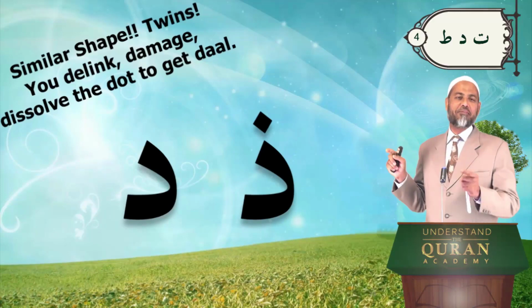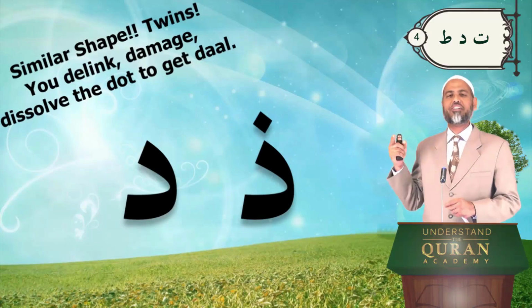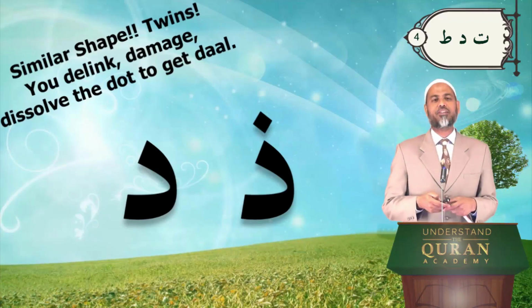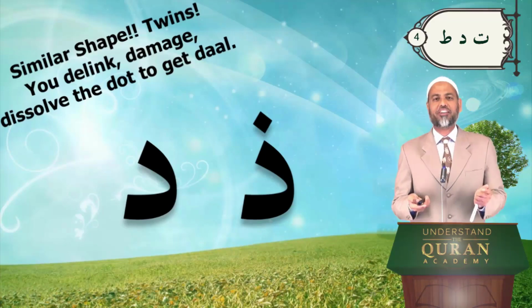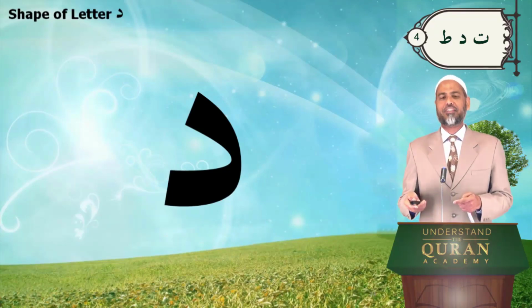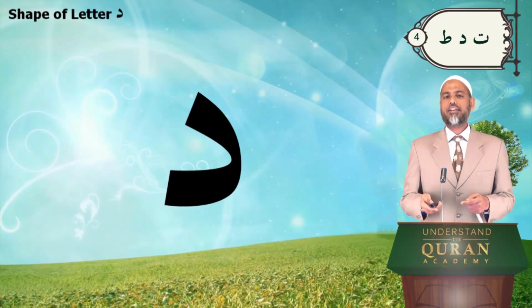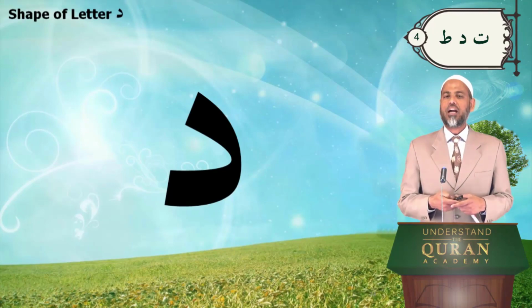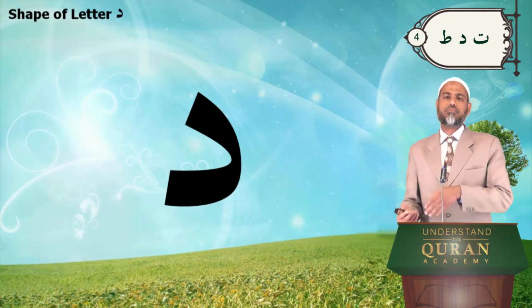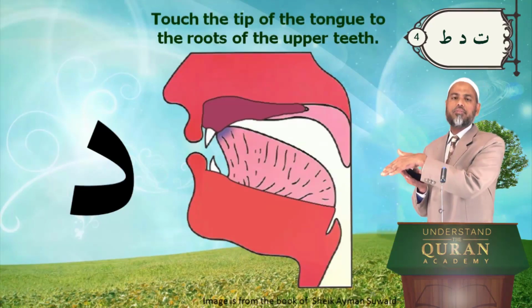Just tips to remember the shapes, and I hope you enjoy them, and it helps you to remember different shapes of the letters. So here is letter dal. How do you say it? The same way you say ta, but here you have a little bit of force.